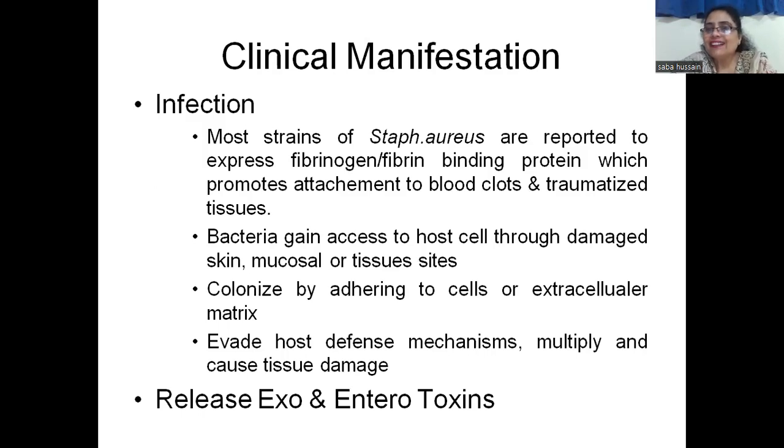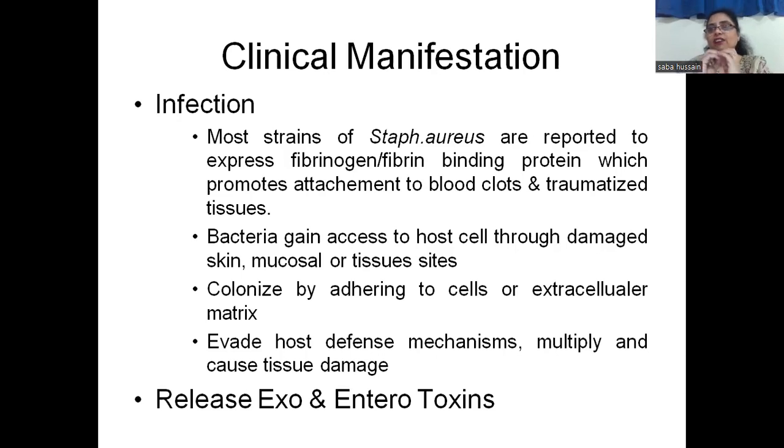What are the different clinical manifestations of this genus? Most strains of Staphylococcus aureus are reported to express fibrinogen or fibrin binding protein, which promotes attachment to blood clots and traumatized tissues.